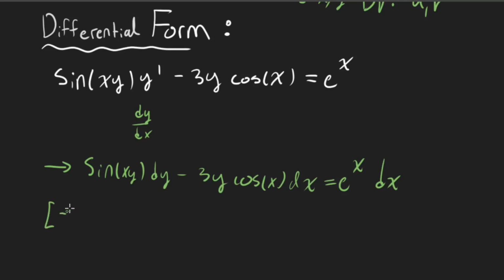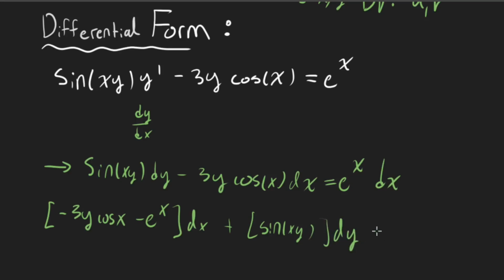We can say negative 3y cosine x minus e to the x dx plus sine of xy dy equals 0. And this right here would be our N, and this right here would be our M, and these are both functions of x and y.